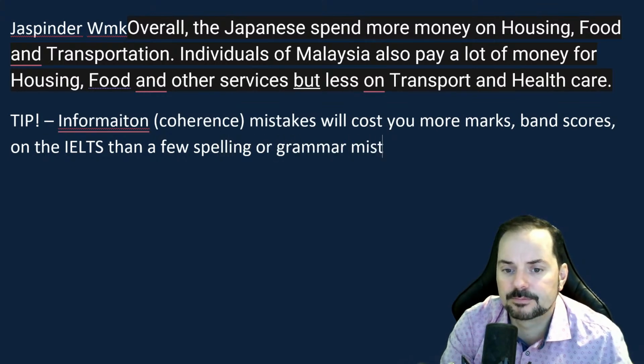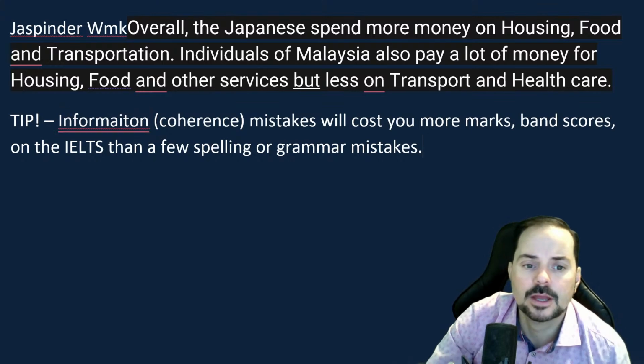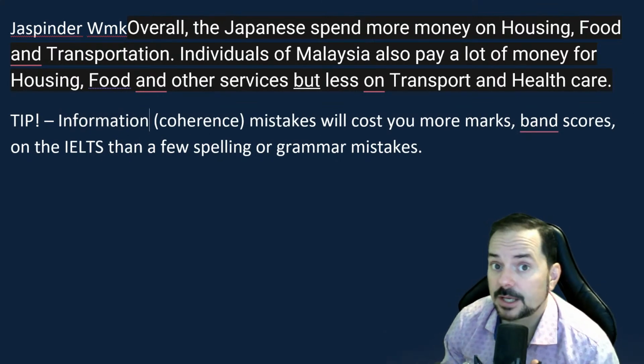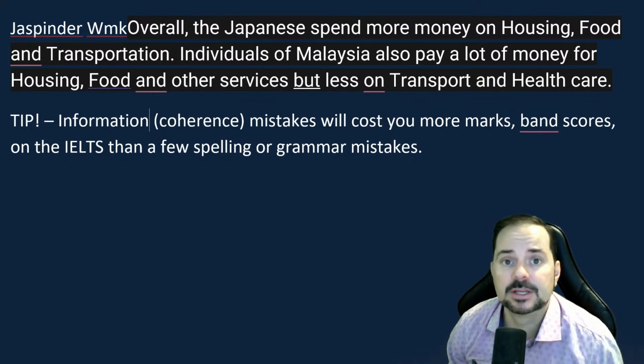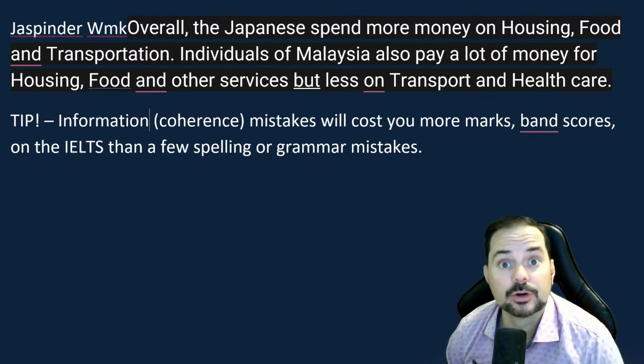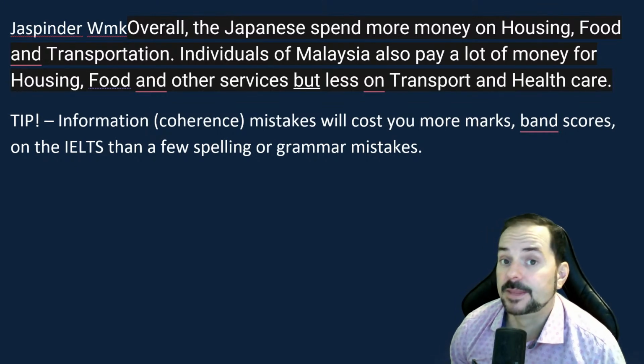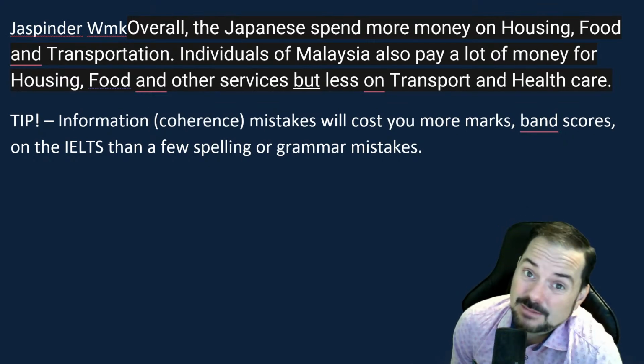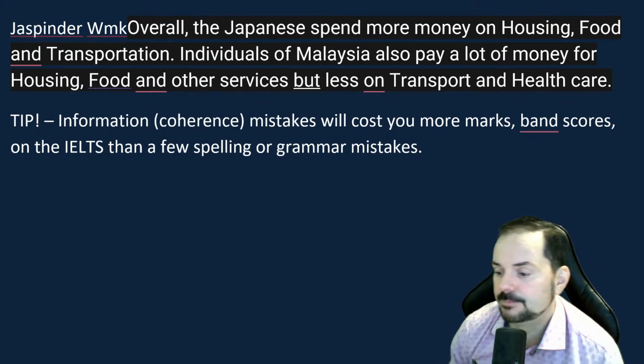Okay, everybody got that? Yes, thumbs up. So give me a sign, show me that you understand that, because that's very important. A lot of students focus a lot of energy on good grammar or good vocabulary, but then they make mistakes with information and they don't know why they're getting low scores. And it's, well, because the essay is confusing, right?